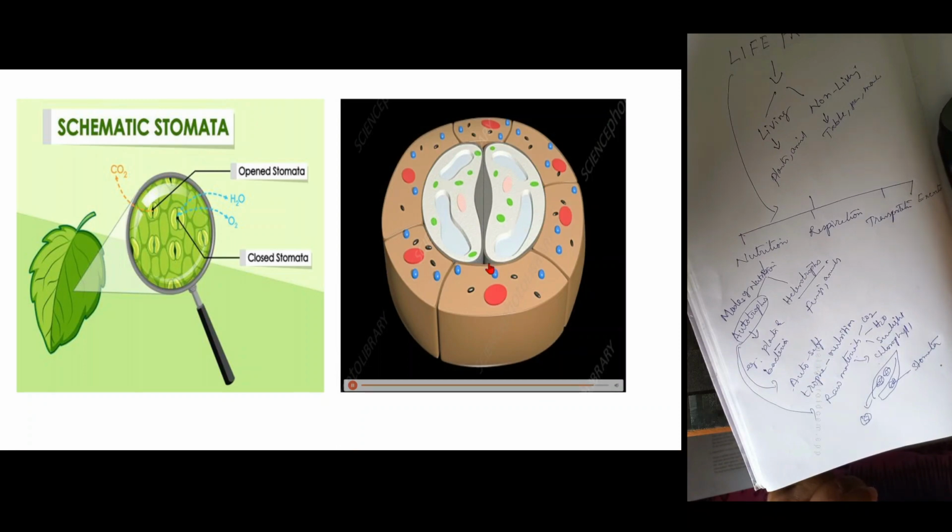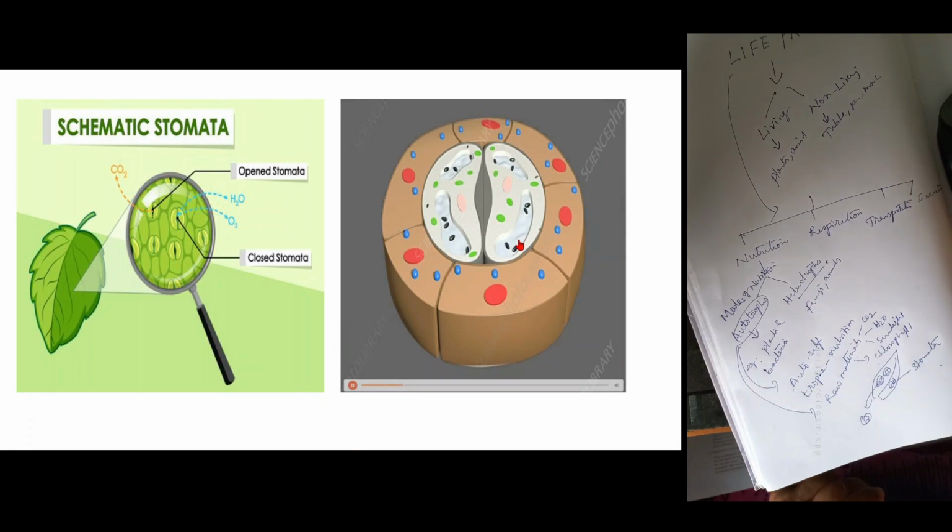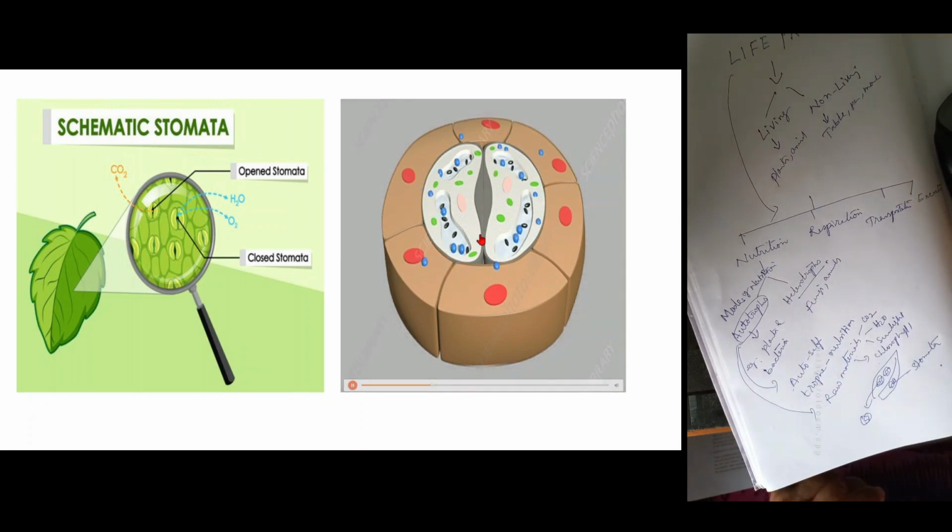When transpiration is taking place, the water in the guard cells is lost again, and the pore closes. So this is called opening and closing of stomata. Whenever the water is entering, it opens the stomata, and the pore opens due to the water accumulated in the guard cells.